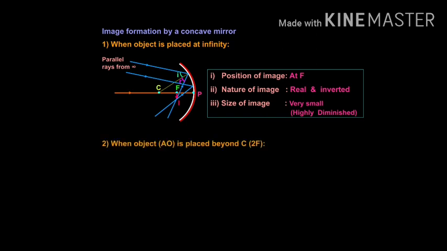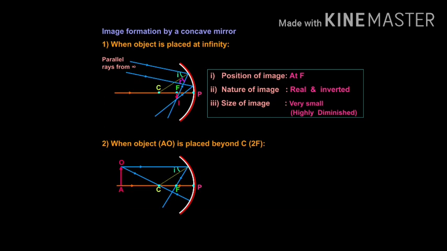Now in the next case, suppose my object is not at infinity, it is placed close to C. So this is the case when my object is placed near C or beyond C, you can see. So we need two light rays to form the image. So here goes one light ray parallel to the principal axis that will pass through the focus, and the other one that passes through the center of curvature must retrace its path, and after reflection you can see that the light rays are actually meeting, so definitely they are going to form a real image.